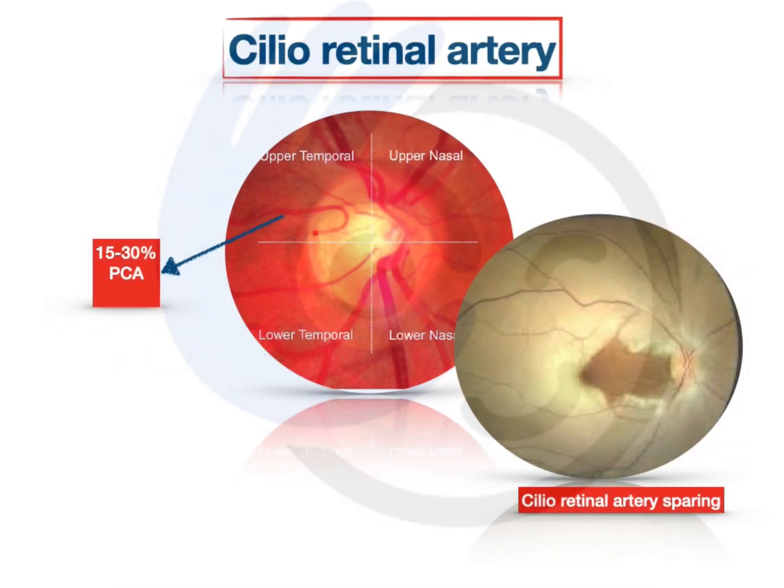Then we have another variant, the cilioretinal artery, which is seen in around 15 to 30%, and the presence of this helps in vision saving in case of central retinal artery occlusion. That is, it prevents severe vision loss in central retinal artery occlusion.